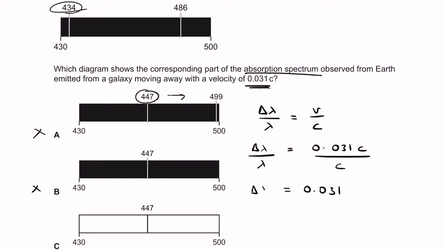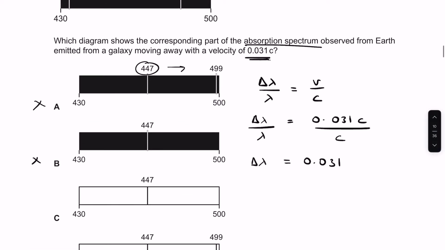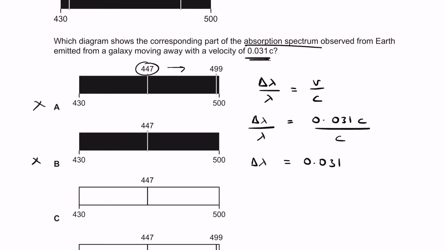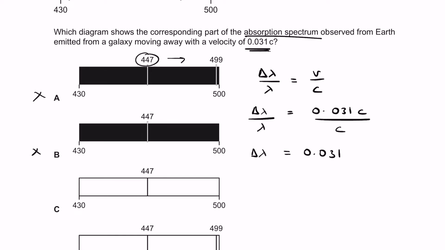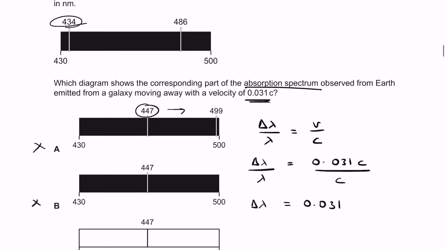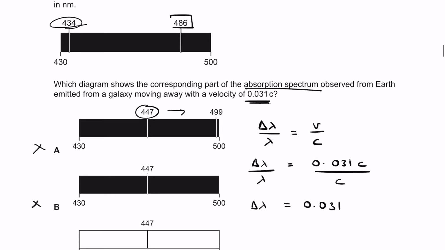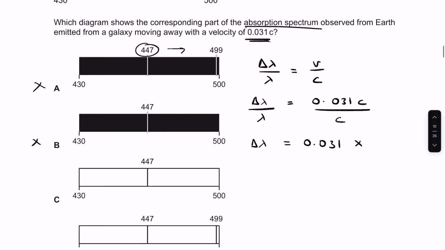And if I wanted to work out delta lambda, for C and D, the shift from 434 is to 447. So I'm not going to work that one out because it's quite obvious. In fact, in all of them, it's 447. I'm going to work it out for 486. So I'm going to multiply that by 486. And I am going to end up getting, let's see.